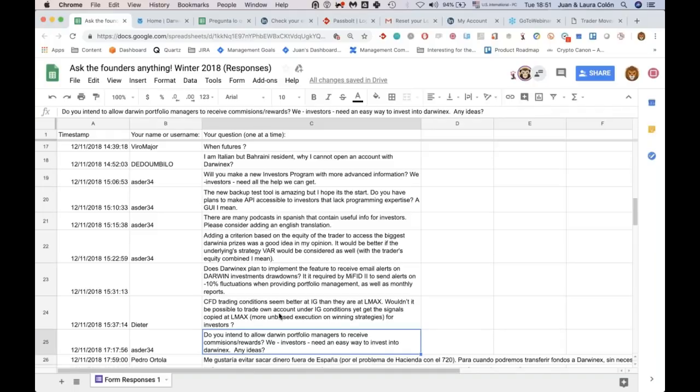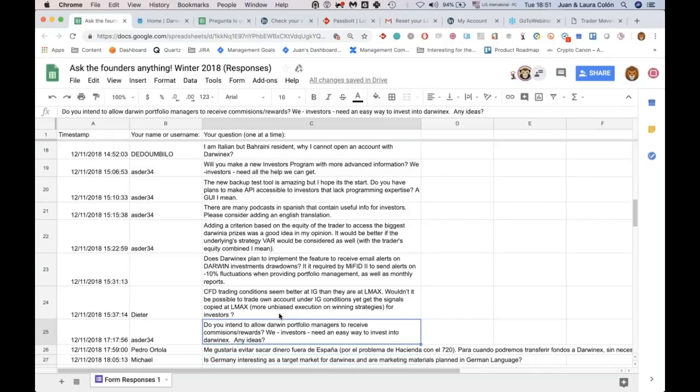Then Aster34 is asking, do we intend to allow Darwin portfolio managers to receive commission rewards? Not sure what he means. Is this basically building a business model for portfolio managers to resell their portfolio?